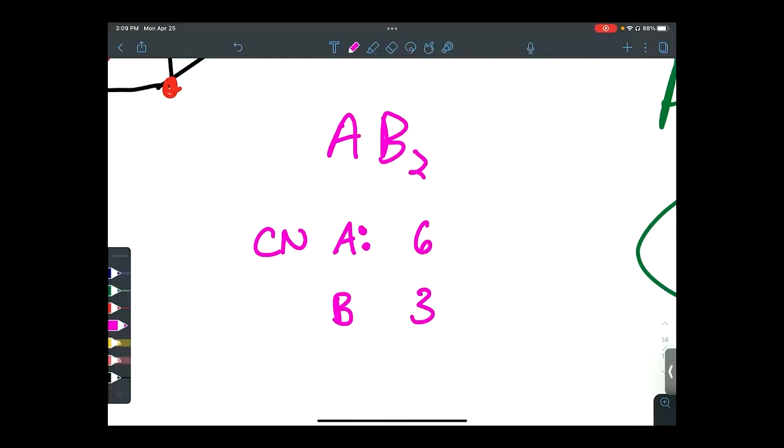If you are a B atom, there are half as many A atoms around you. Does that make sense? So you look at the ratio, but you have to flip it a little bit. It's 6-to-3 for the coordination of A to B, but the formula is AB2. I just like to think, there are twice as many B atoms in your unit cell.